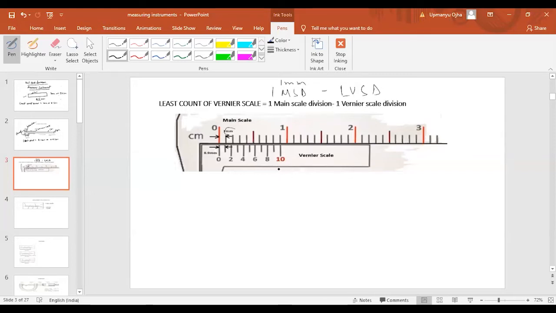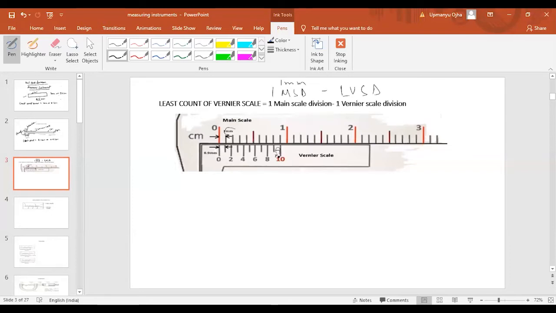But if you look at this diagram carefully, we can see that the vernier scale is divided into 10 equal parts, and the 10th part of the vernier scale is coinciding with the 9th part of the main scale. So let us assume that one vernier scale division value is x.